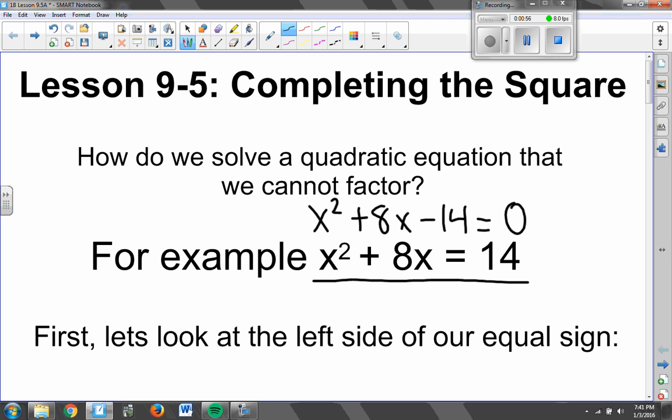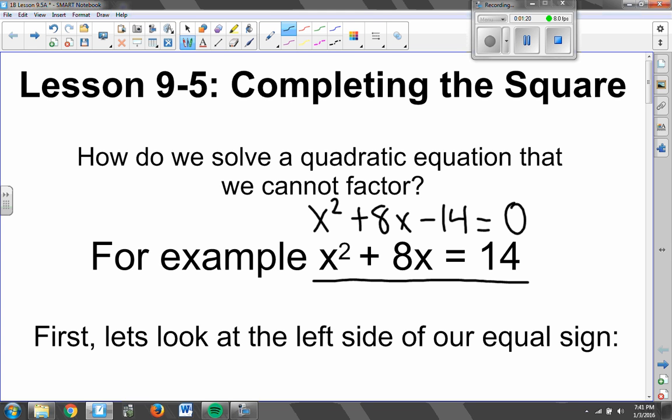Unfortunately, there are no two numbers that multiply together to be negative 14 and add up to be 8. Those don't exist, so we cannot factor that. So we're going to do what's called completing the square, and you'll see what I mean when I get to the pictures down below.